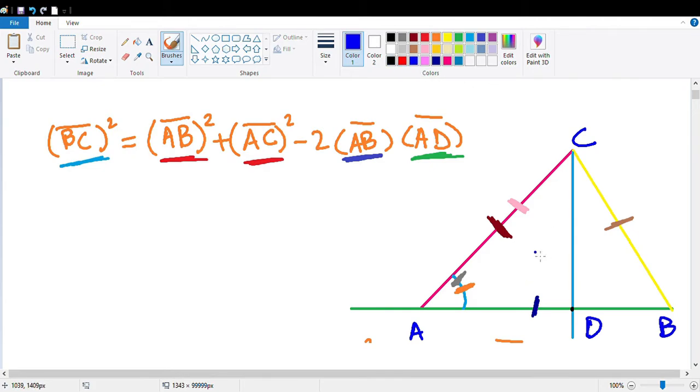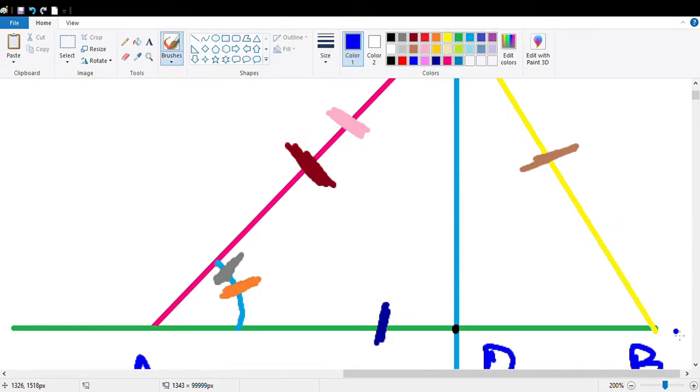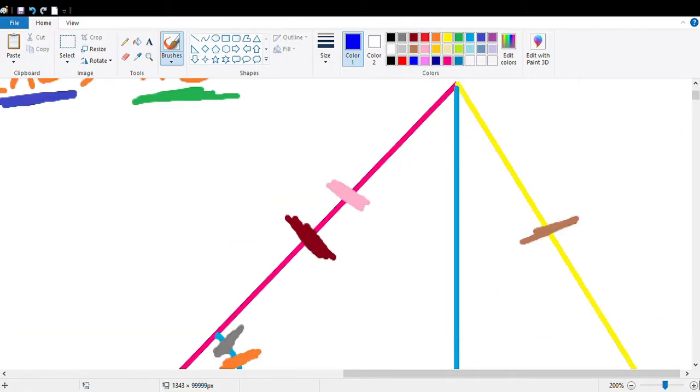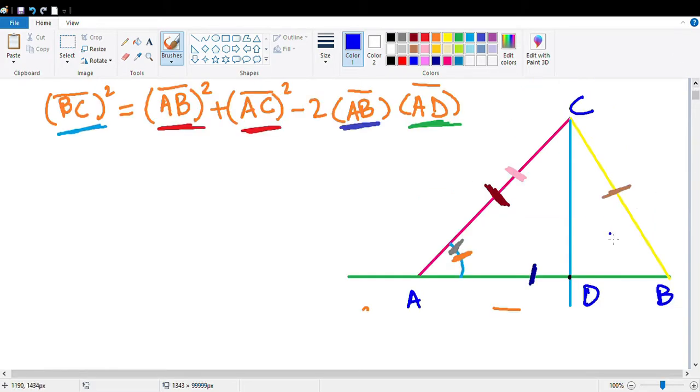This is our triangle, and I want to show you something real quick over here. When we drew this perpendicular, some new angles formed, if you noticed, and those were both right angles.